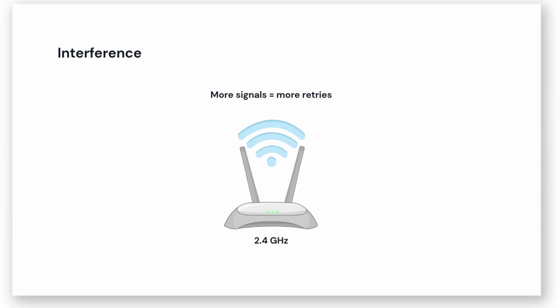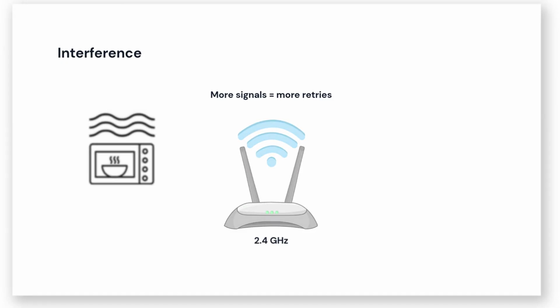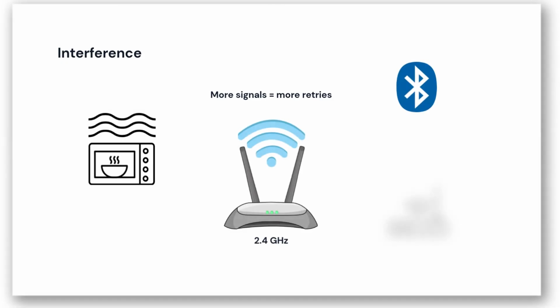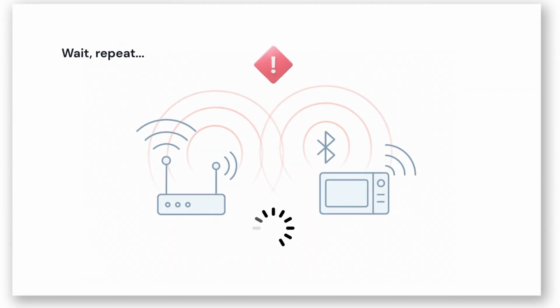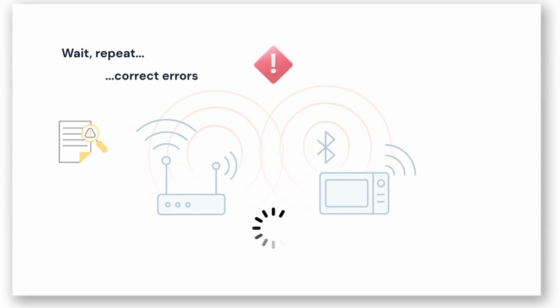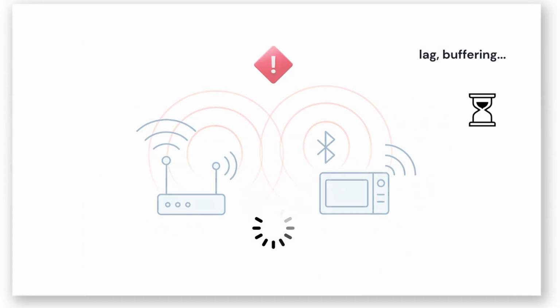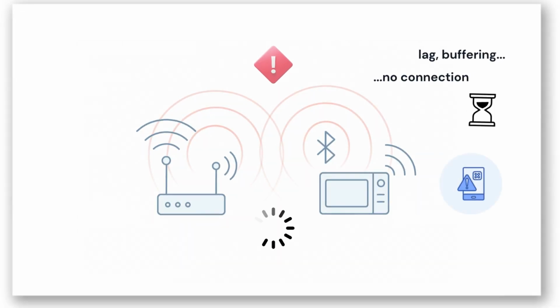There is also interference. Many devices use the same 2.4 gigahertz band, microwaves, Bluetooth devices, even your neighbor's routers. When too many signals share the same space, your devices have to wait, repeat, and correct errors. That is when you feel lag, buffering, or a connection that seems to drop for no clear reason.